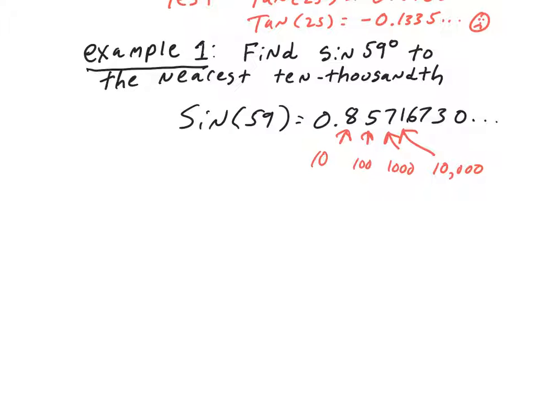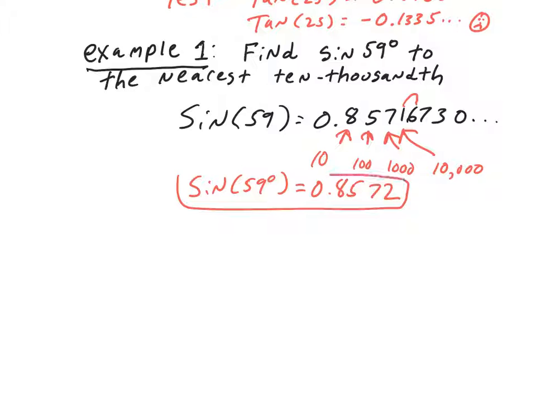So we look at the number after it, and if it is less than 5, it's going to stay the same. If it's more than 5, we're going to round up 1. It's a 6, so we're going to change the 1 to a 2. And we're going to get the sine of 59 degrees is equal to 0.8572, rounded to the nearest 10,000ths.